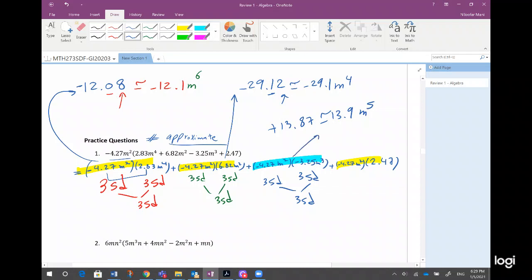And how about this one? Again 3 significant digits. I round to 3 significant digits because for multiplication and division it's the same: I round to the least significant digit. 4.27 multiplied by 2.47 is 10.54, which is almost minus 10.5 m squared.